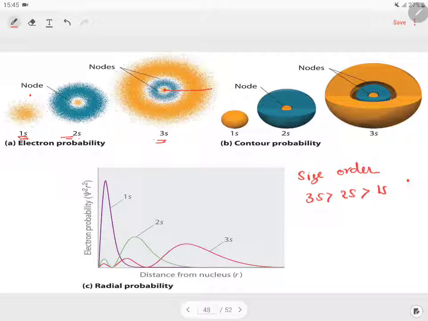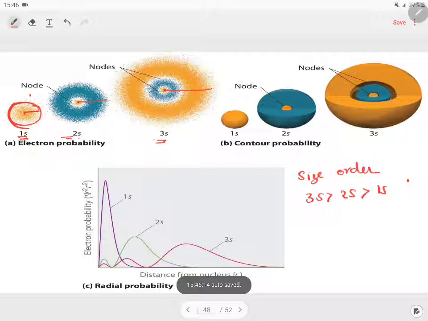Now, if you consider 1s orbital, this is a nucleus. From this distance around the nucleus, everywhere you can find the electron. Therefore, in case of 1s orbital, the probability of finding electron is equal at all distances. You can see this white color, so this is a nucleus and this is a maximum distance.